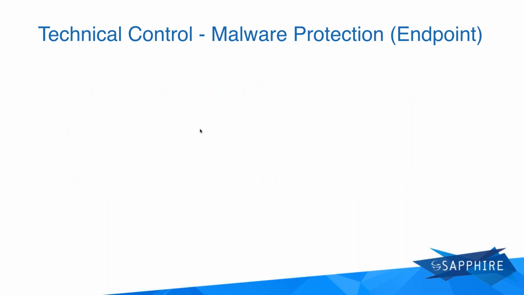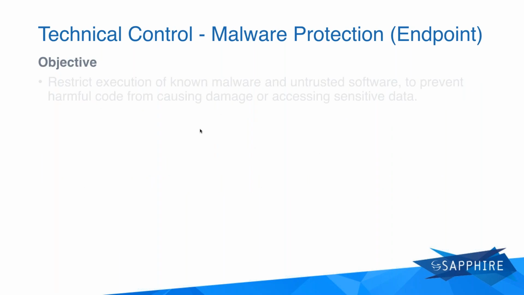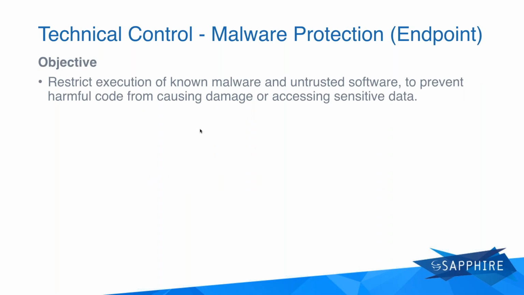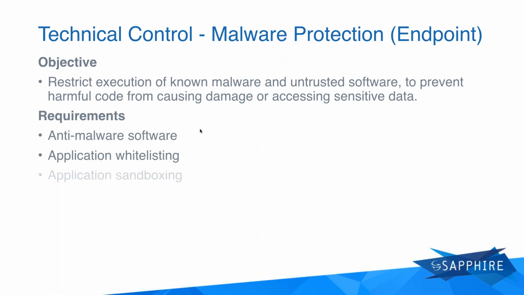Malware protection. This can be broken down into 2 sections. First one being the endpoint, and this is all about malware protection at the endpoint. So there are a few methods to achieve this. You can use application whitelisting or sandboxing, but it's probably fair to say that most of us deal with this with antivirus software out there. So again, it's probably as an enterprise something that we're doing centrally.